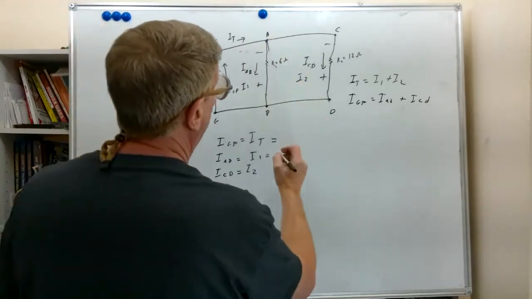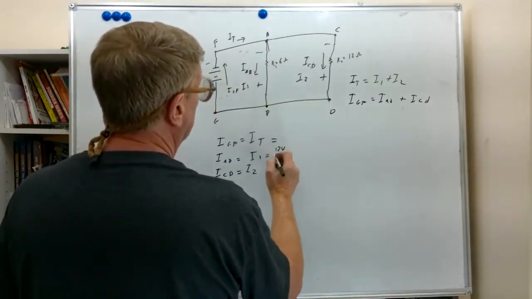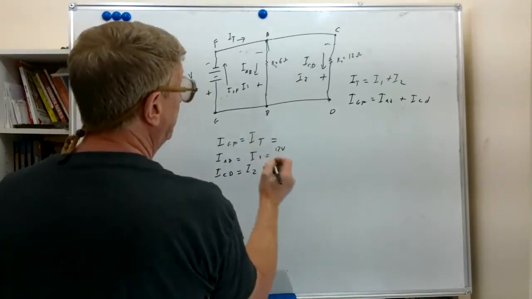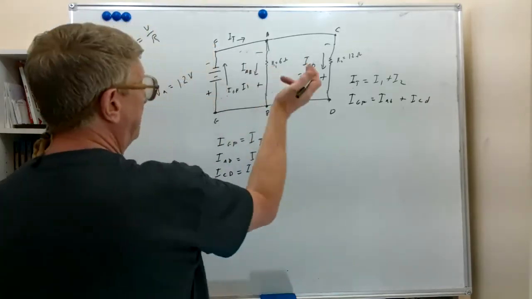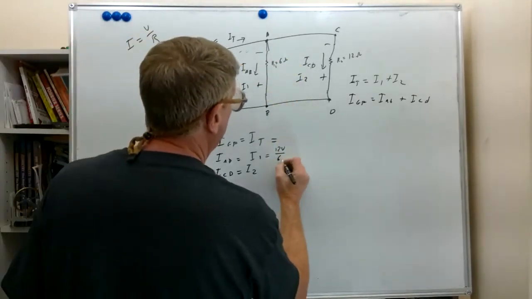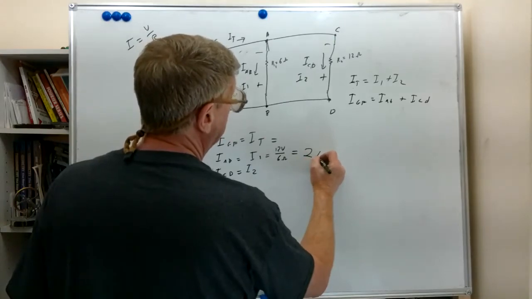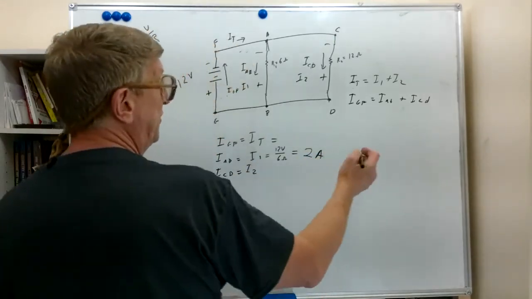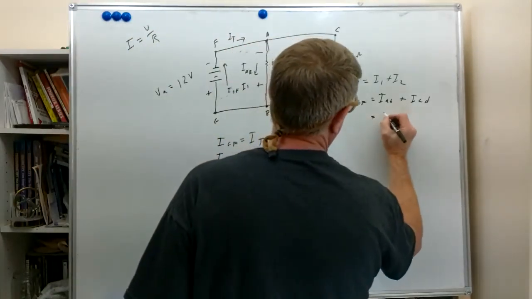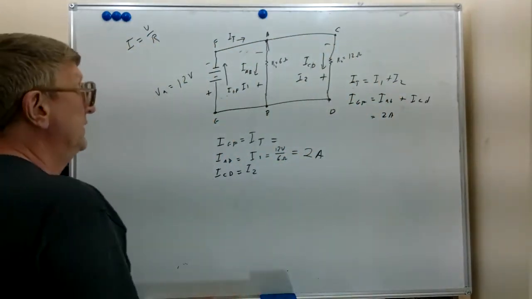Still the same 12 volt supply. We're going to put the 12 volts across there. That's our voltage. We're going to divide that by the resistance. In this case, we use the resistance of R1, which is 6 ohms. So that becomes 2 amps. So let's put that over here for A to B: 2 amps. Now we replace the symbol with the actual value.